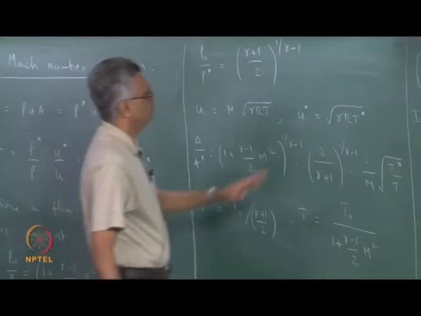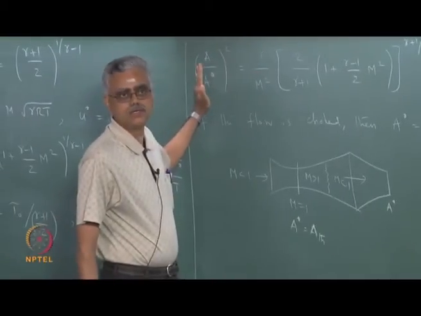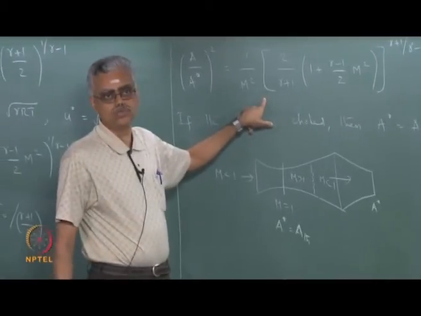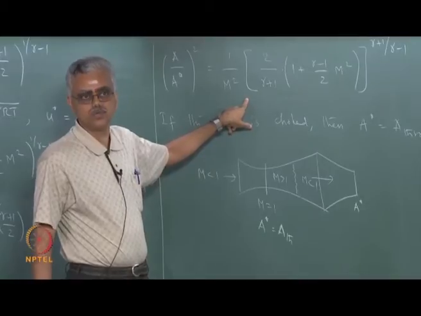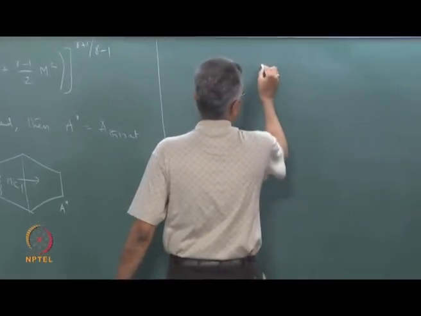Now, notice that for a given value of A over A star, this equation can give you two solutions, one corresponding to a subsonic flow and another corresponding to a supersonic flow. That is also clear if you look at the same flow situation.